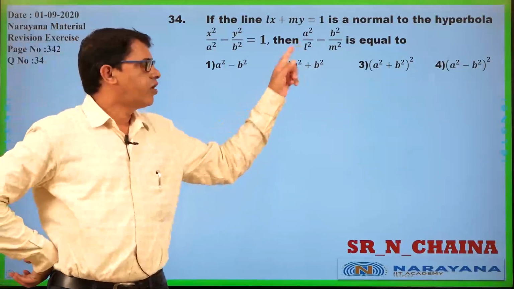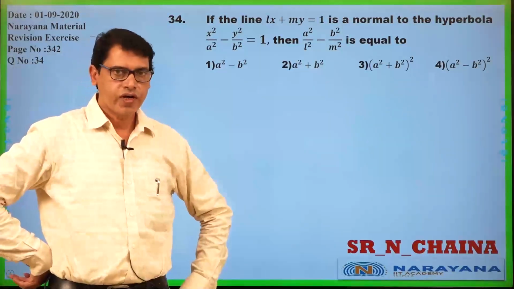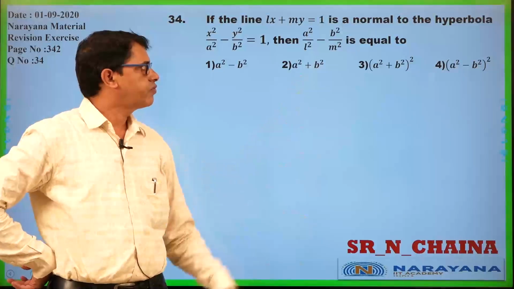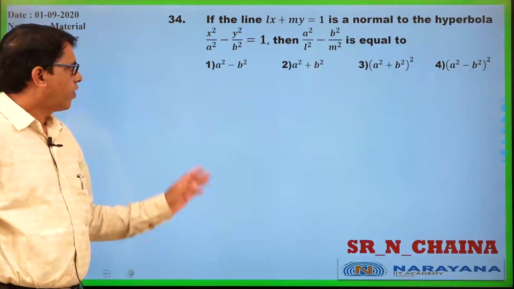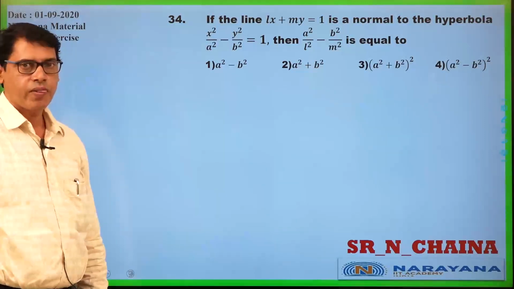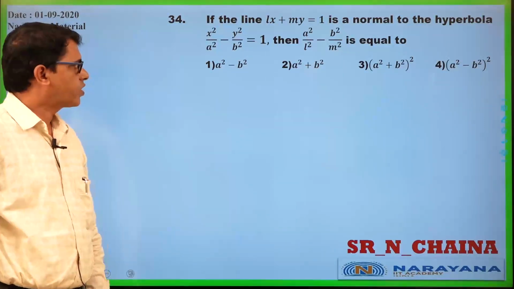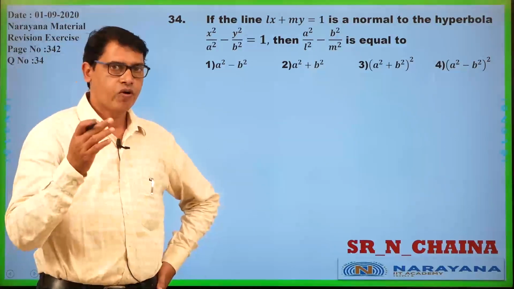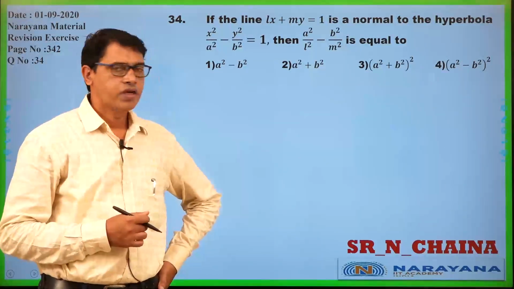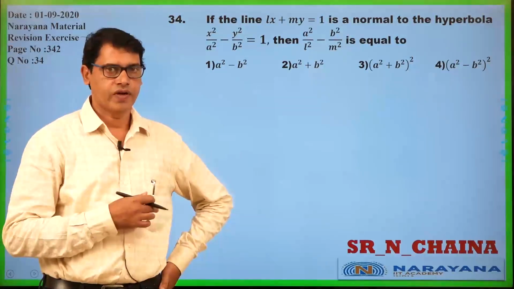Then the value of a square by L square minus b square by m square equals to? Here options are: first option a square minus b square, second option a square plus b square, third option a square plus b square whole square, and fourth option a square minus b square whole square.